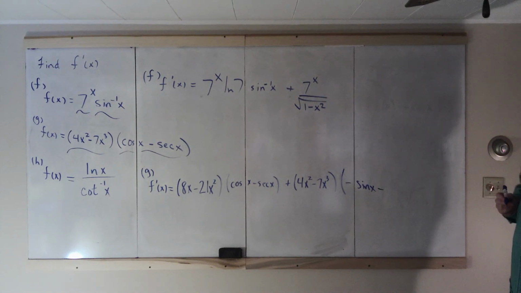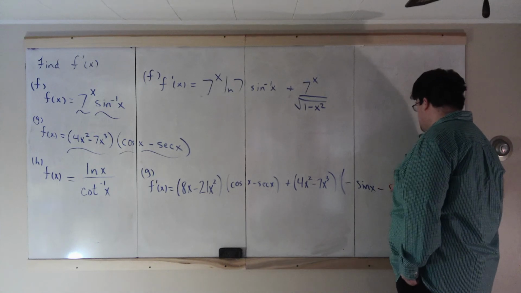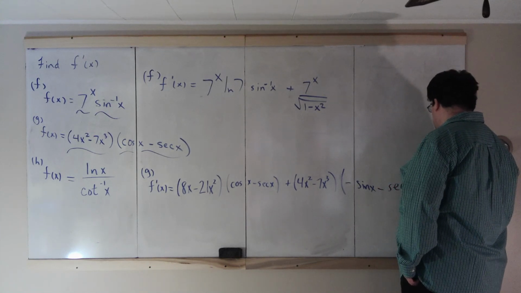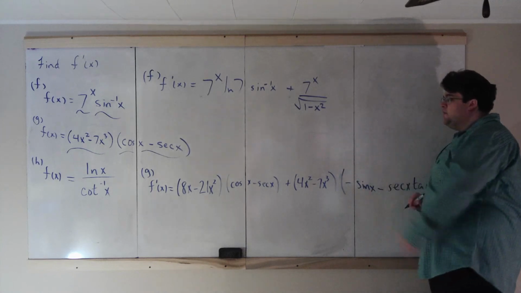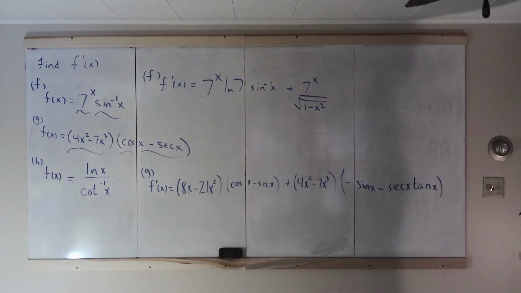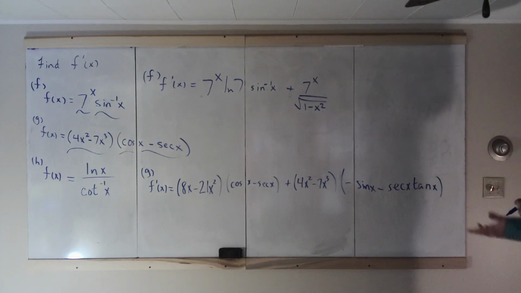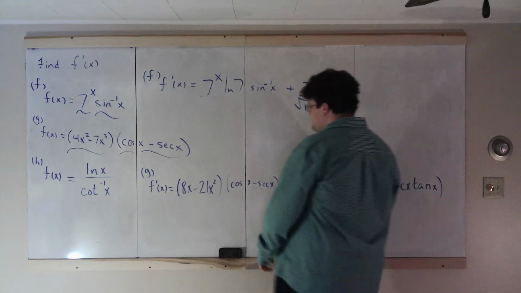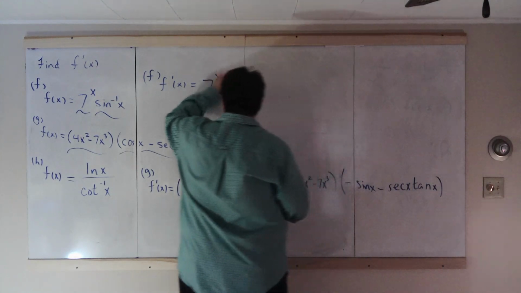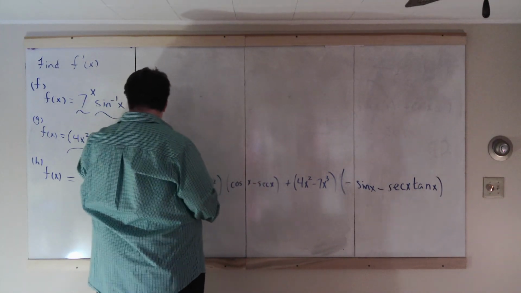The derivative of secant, rule 5 on page 3, is secant x tangent x. And then that negative sign is still there. So here we have the derivative of the first times the second, plus the first times derivative of the second. So now let's do this last one before making some additional observations.